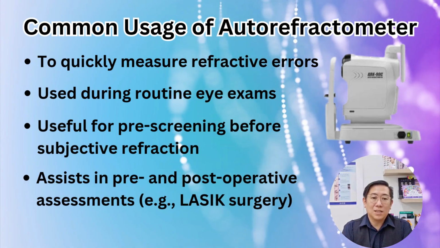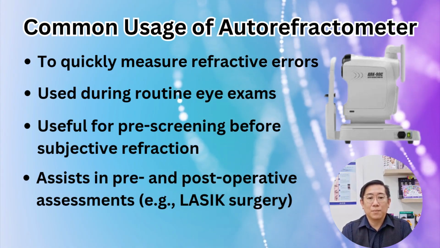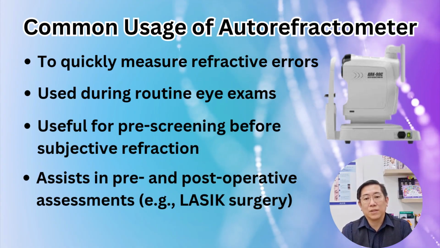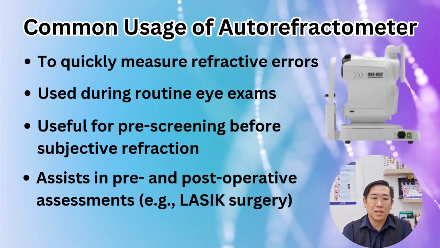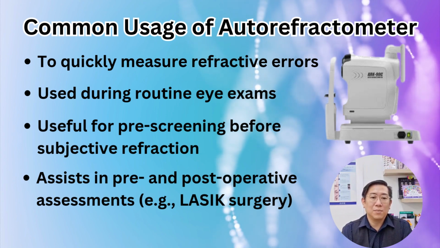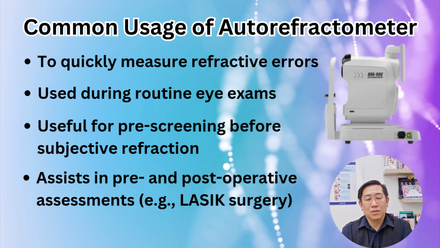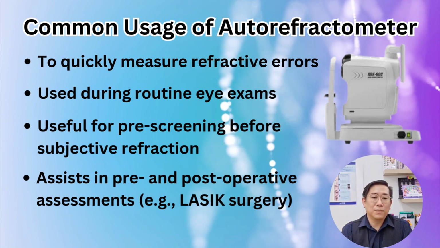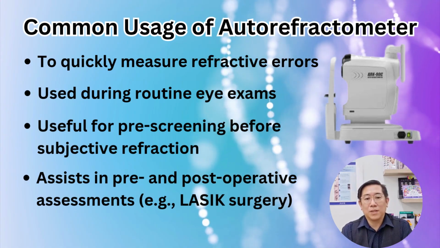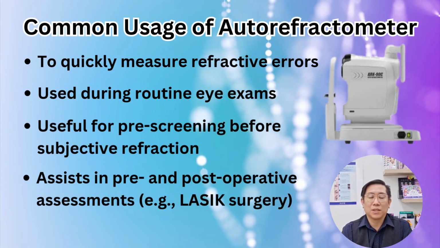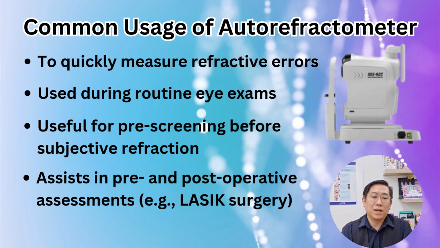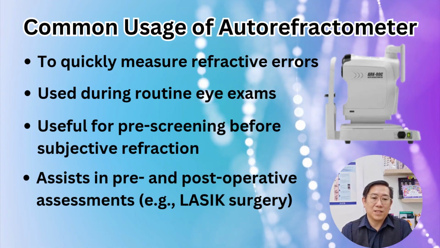Most importantly, it's important to remember that the autorefractometer cannot detect other eye disease. It only measures refractive status, not your eye health. Therefore, its reading must always be confirmed and refined through subjective refraction performed by an eye care professional.